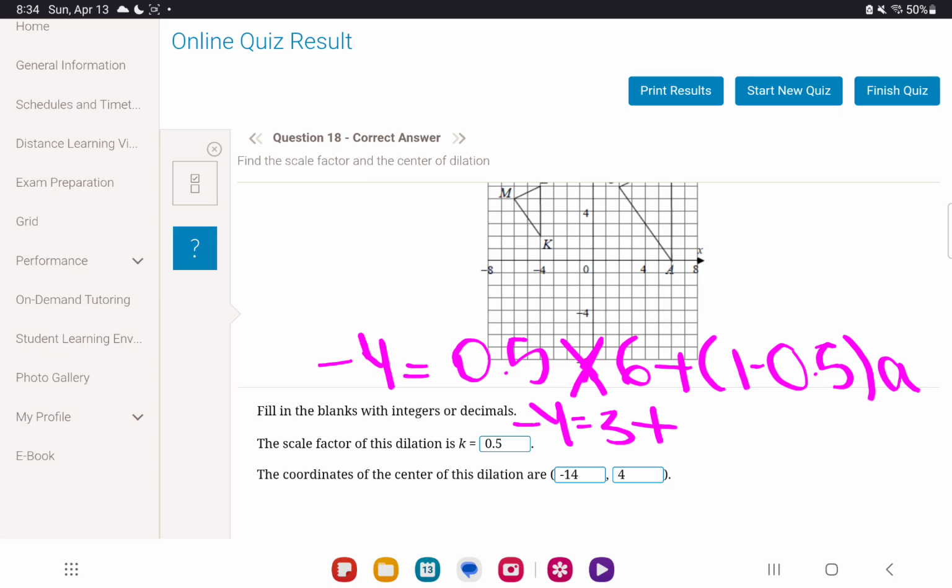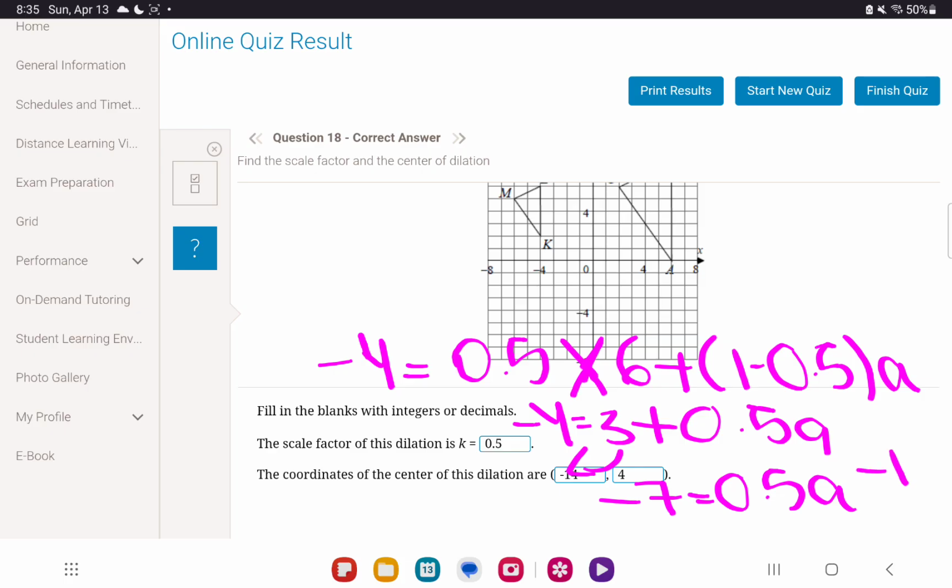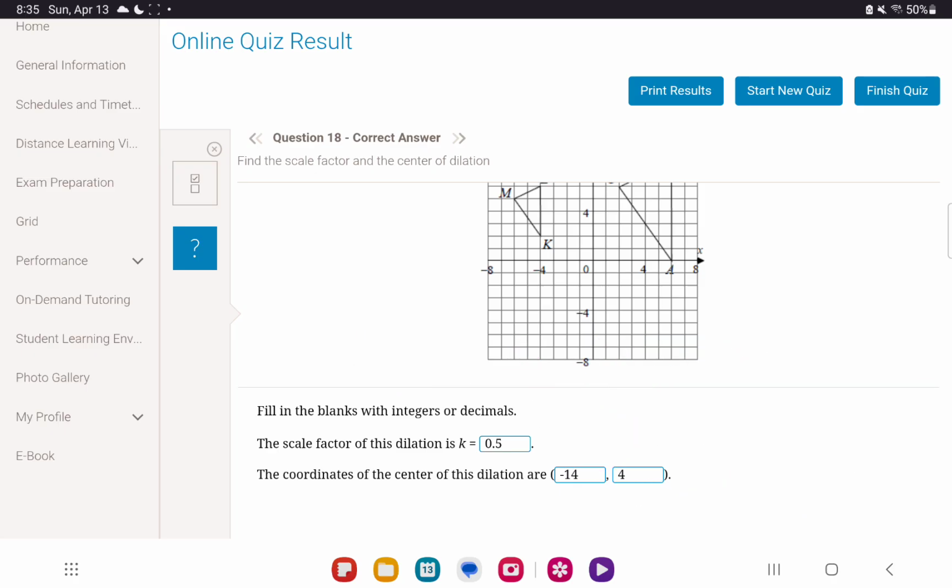Okay, so plus 0.5a, we move 3 to the other side, becomes minus 7 equals 0.5a, and minus 7 divided by 0.5 is equal to minus 14. So now we found our A, which is our x, okay? So our first answer is minus 14.